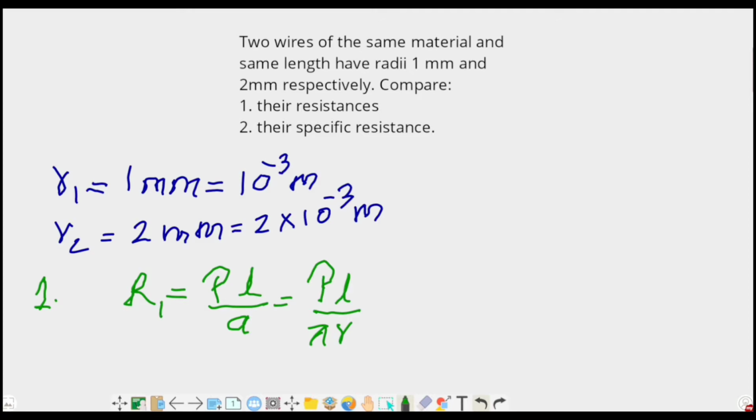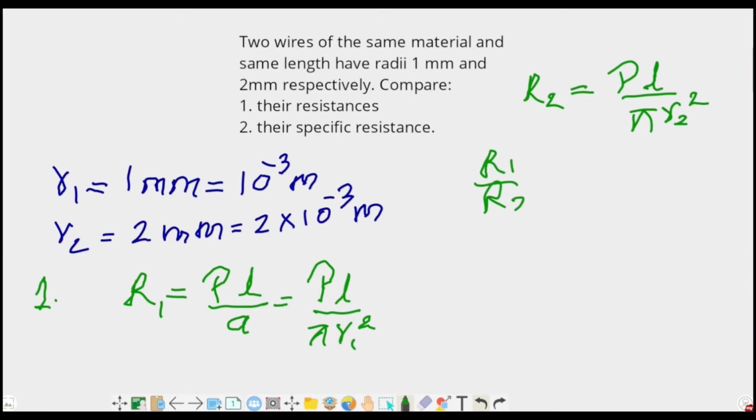If I am considering the first radius, this will be the formula. In the same way for the second resistance, the formula will be rho L by pi r2 square, because length is the same. When I compare, I have to find the ratio R1 by R2.